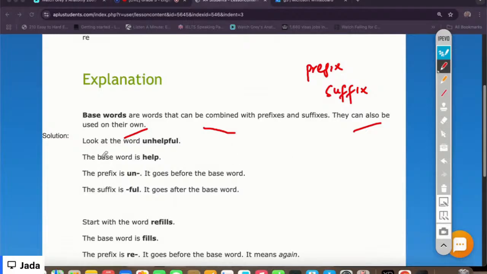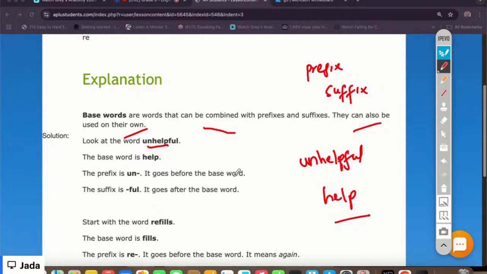So for example, look at the word unhelpful. Unhelpful has both the prefix and the suffix, and it also has the base word. So the base word here would be what? Help. And as you can see, help on its own is a word and it could stand on its own. It doesn't even need help whatsoever.